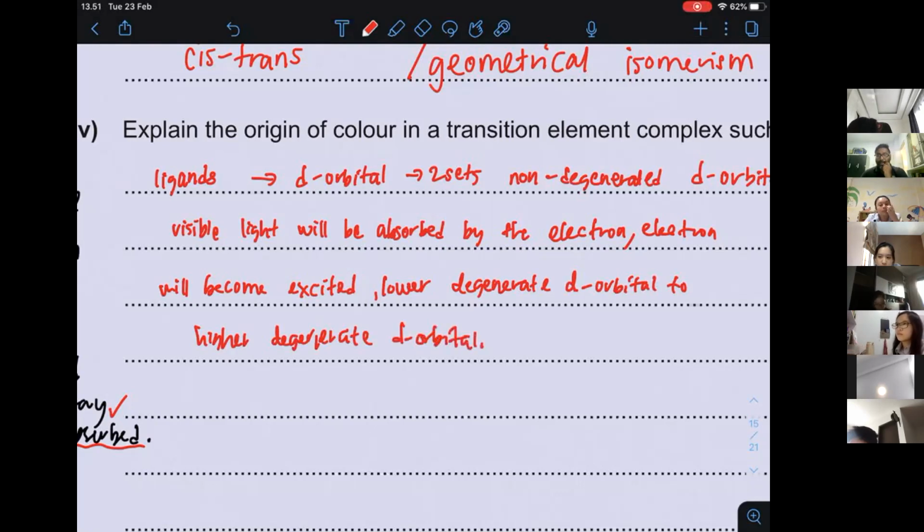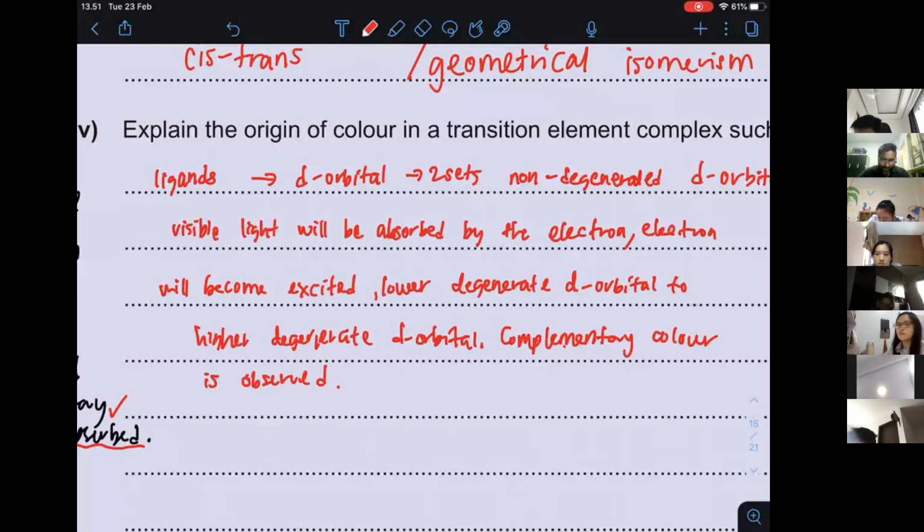When this is happening, because of the absorption of the light, the complementary color is absorbed, and the color is observed based on the frequency of light that is absorbed.